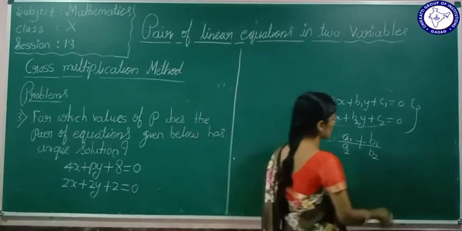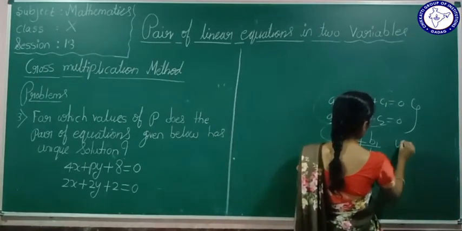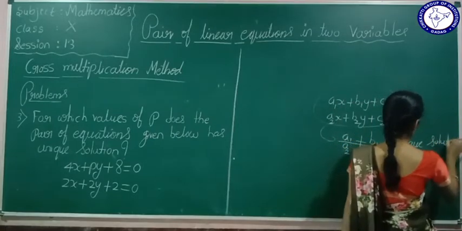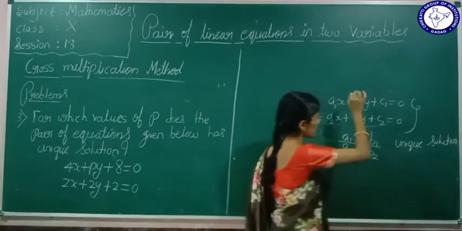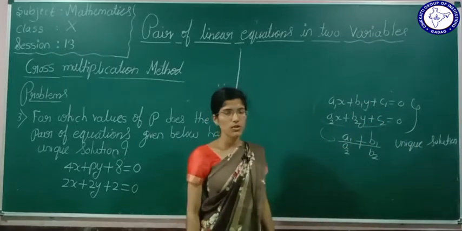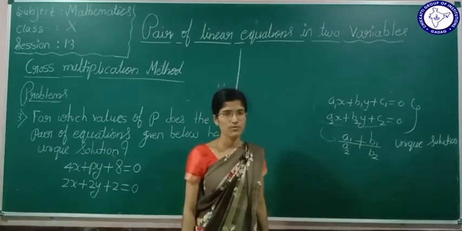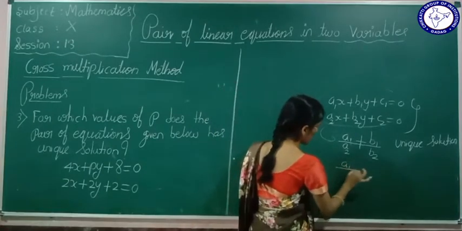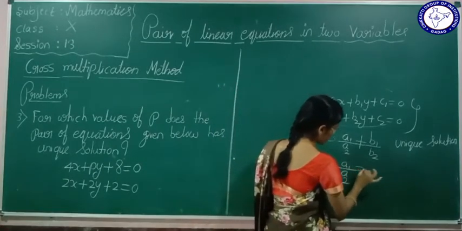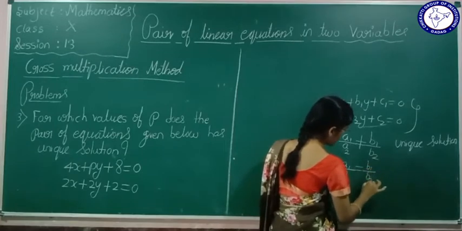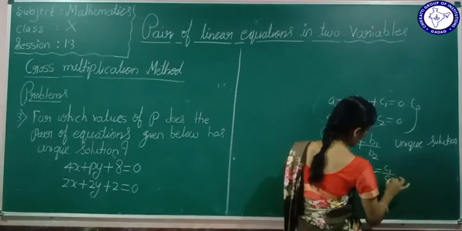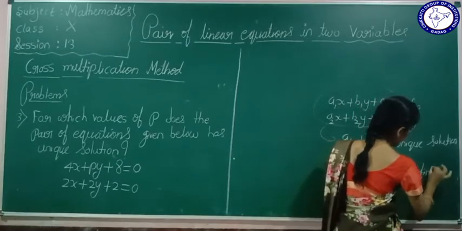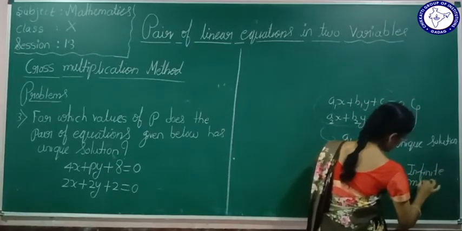So this is the condition for a unique solution. For a pair of linear equations to have infinitely many solutions, what is the condition? The condition is that a1 by a2 is equal to b1 by b2 is equal to c1 by c2. Here we have infinitely many solutions.